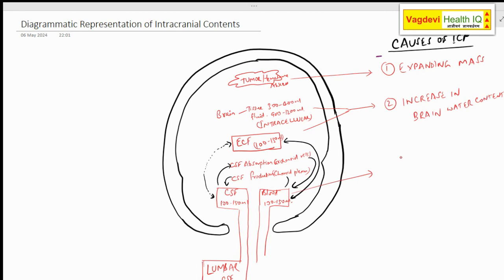Or suppose the blood is increasing because of some obstruction, usually venous flow obstruction, or vasodilation. If vasodilation is increasing the cerebral blood volume, so this is also the reason. Remember, an increase in cerebral blood volume.